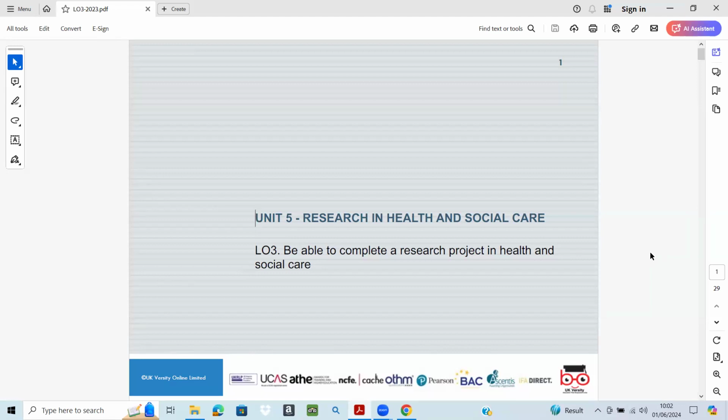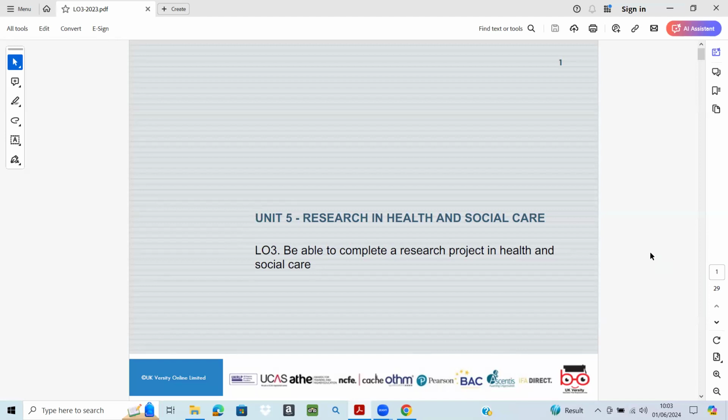Completing a research project is a significant milestone, and it's an incredibly rewarding process that allows anyone to contribute valuable insight to the field of health and social care. There are some key steps and considerations which we need to keep in mind to successfully complete a project.